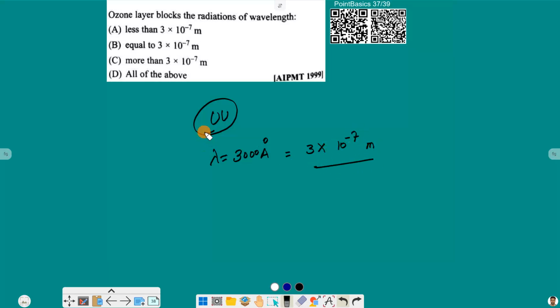As we move ahead in the UV region, wavelength will reduce and energy will increase. So it will block all the radiations which have wavelength smaller than 3 into 10 to the power minus 7. So that is option A here.